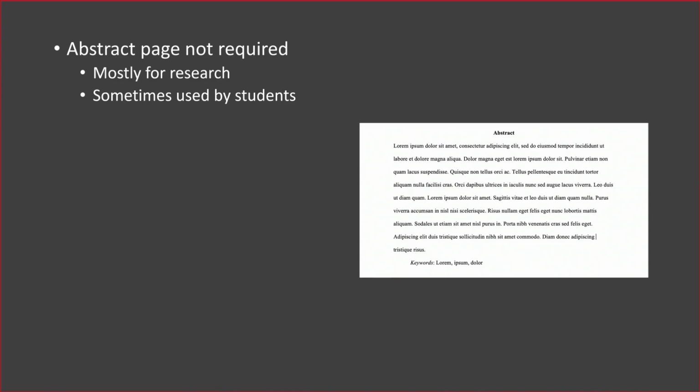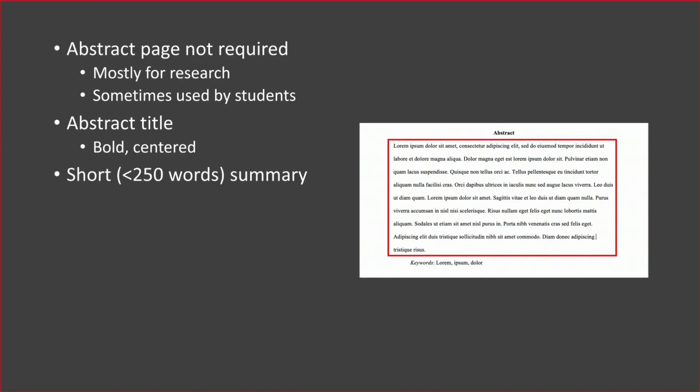An abstract, like a title page, is its own page, and it's made up of 3 things. The first thing is you have your abstract title. You don't actually have to write a title, you just put abstract. And that's going to be, again, bold and centered above the text. And then your abstract itself is a short 250 word or less summary of what your paper is about.